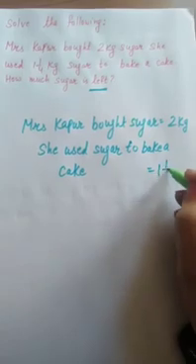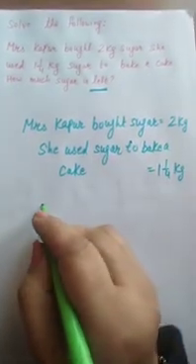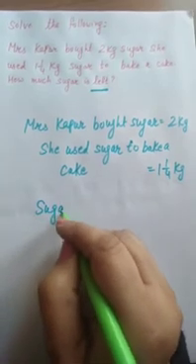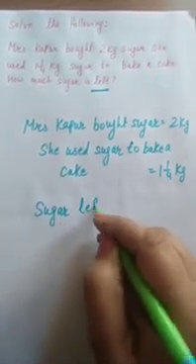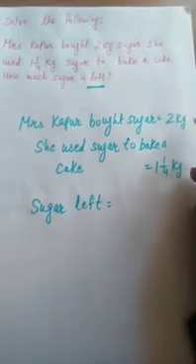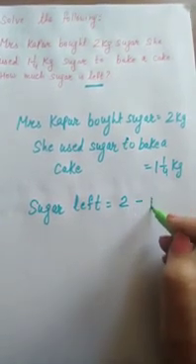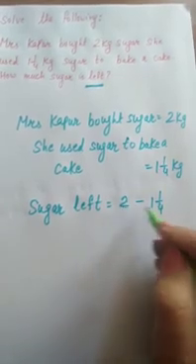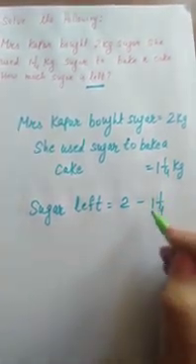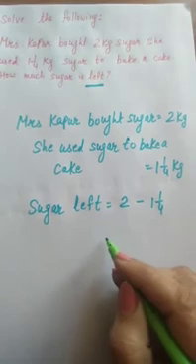How much did she use? 1 and 1/4 kg. Now we have to find the sugar left. To find the sugar left, we will subtract 2 minus 1 and 1/4. Now here we have to settle these two numbers.